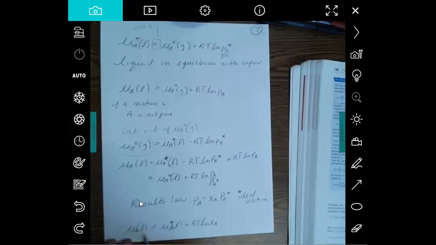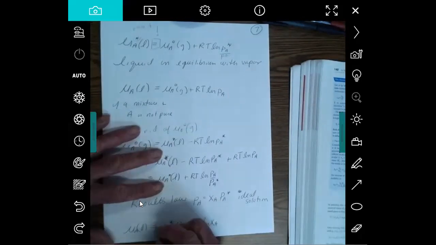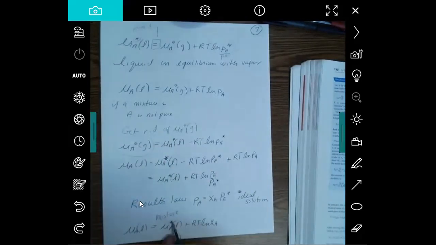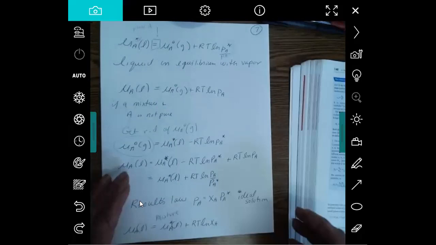That allows us to say the chemical potential of A when it's in a solution, or a mixture, is going to be equal to the chemical potential of A if it was pure, plus RT ln of the mole fraction, because the mole fraction is equal to the vapor pressure you're at divided by the vapor pressure of the pure liquid.